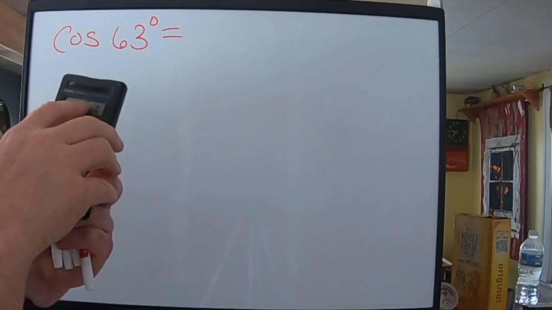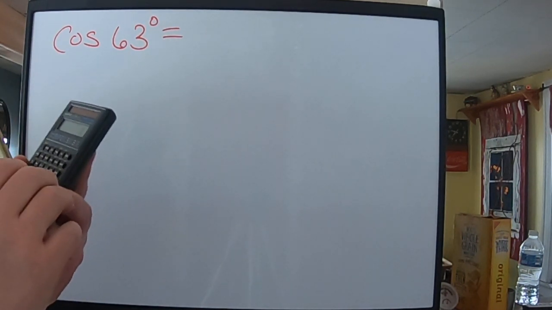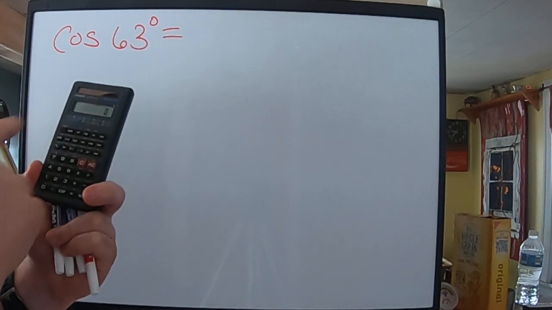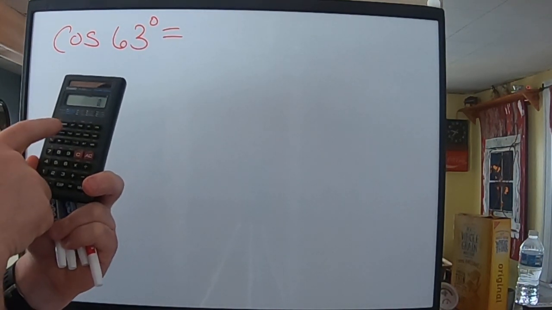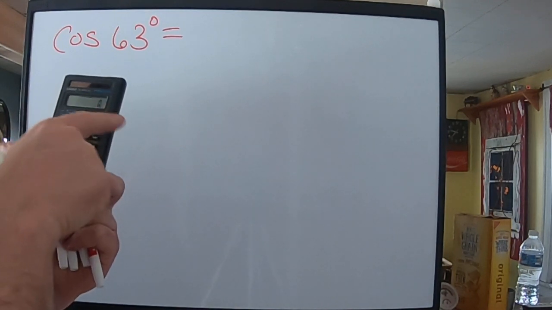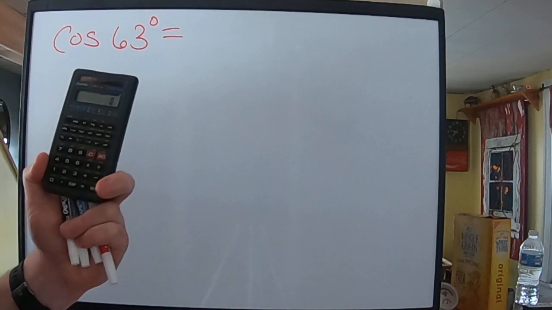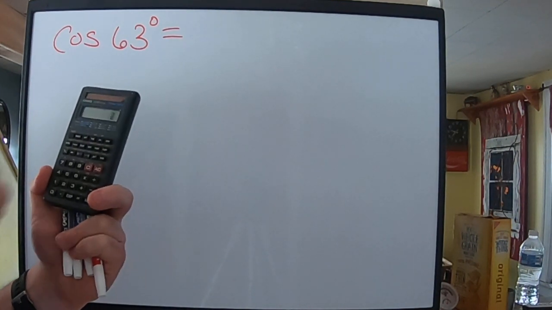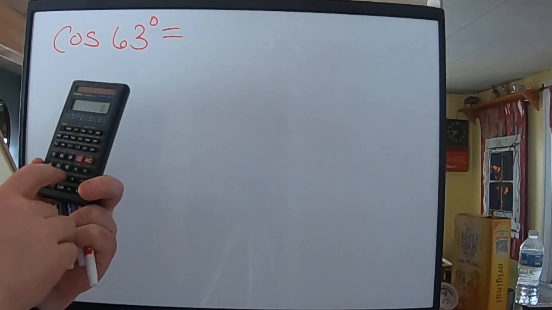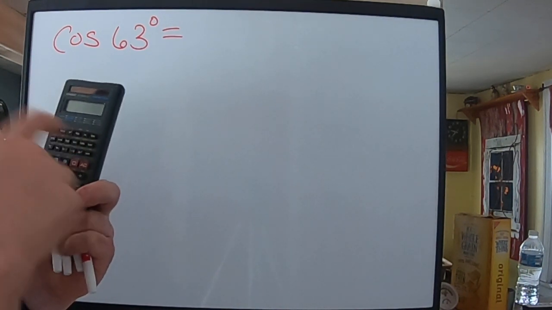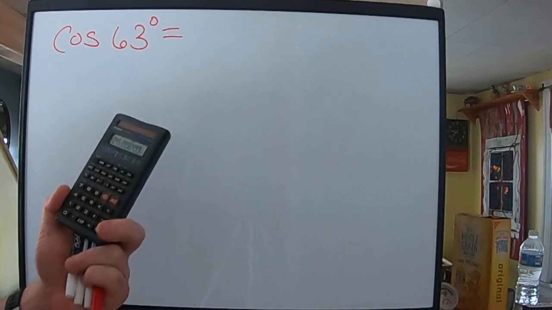Make sure it's DEG up there. If you have to, you're going to have to look up how to change it on your calculator. If you have this kind of calculator, you just have to hit mode. See how it has it up here? Mode 4 in this case. It's already in degrees, so I don't have to do that. In this calculator, you type the degree first and then hit cosine, and it fills your display.